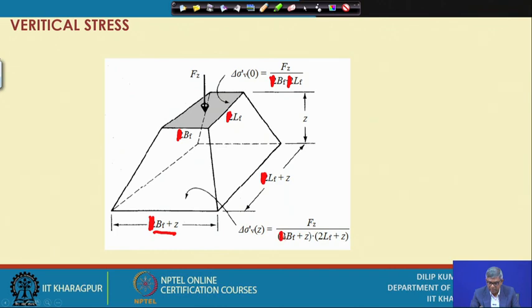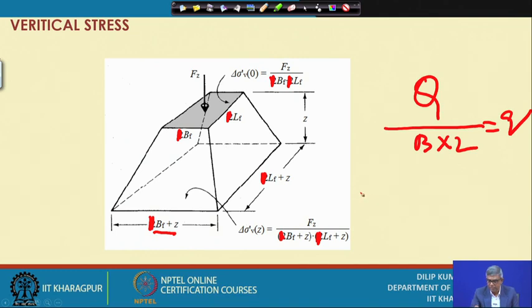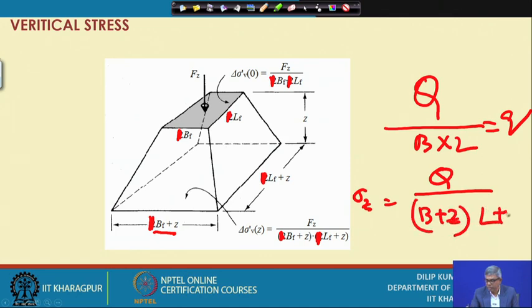Initially at the surface, suppose the force is Q over B into L. Now at a depth Z, sigma Z will be Q divided by B plus Z, multiplied by L plus Z. Compared to the surface, this width is bigger and this length is bigger, so ultimately the pressure at this point will be reduced.